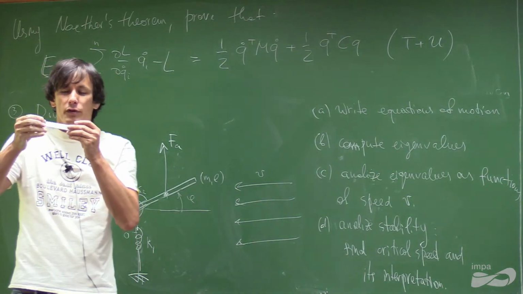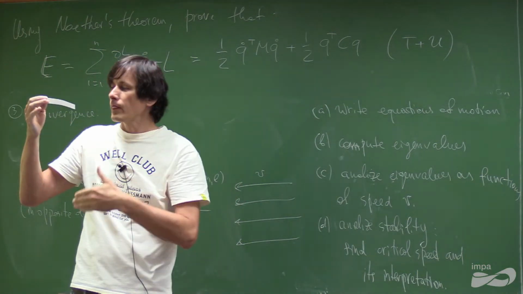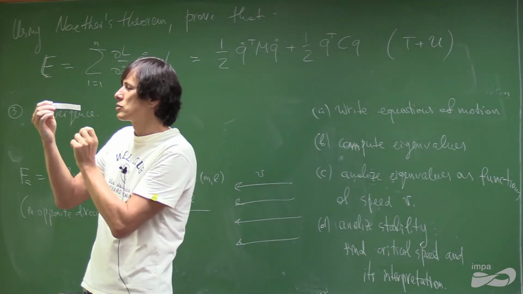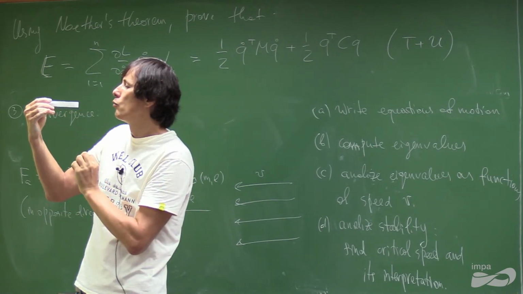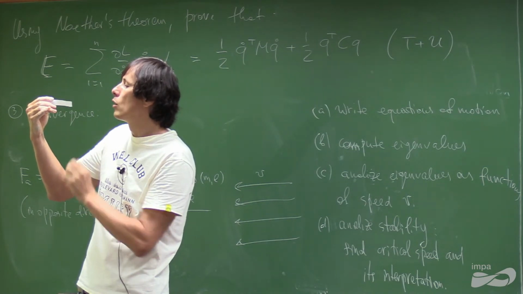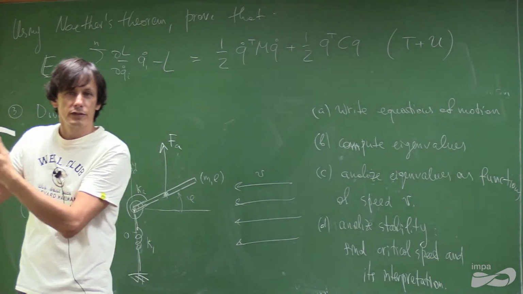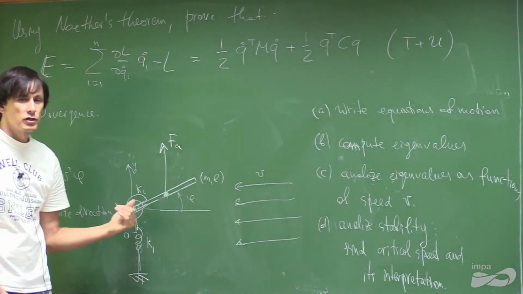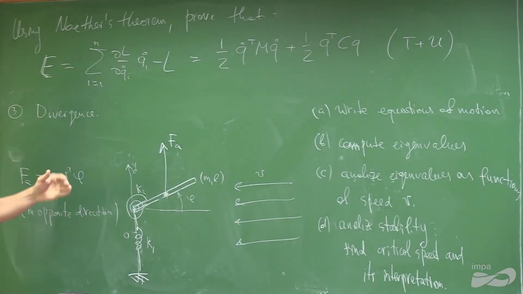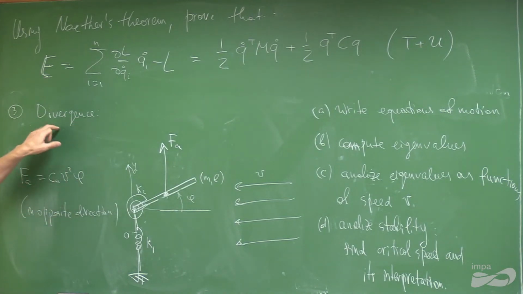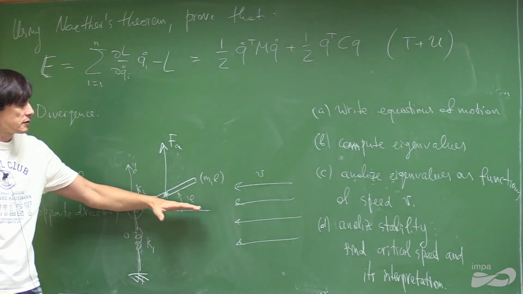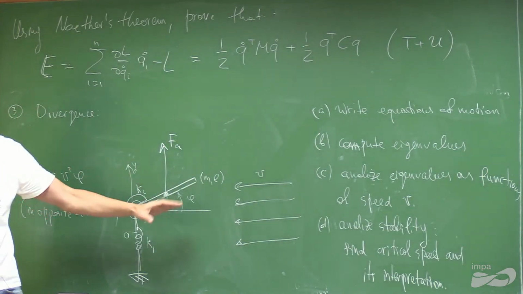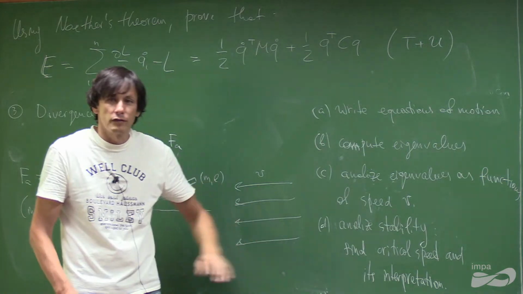But if the wind is blowing in the opposite direction, again, if the wind is very weak, nothing will move. But if the wind is stronger, you see it just breaks, right? It just goes up. So there will be no oscillation. That's why the first case was called flutter, but this case is called divergence. So what you will see is that there will be a critical speed, but the instability will not be oscillatory. This is what you have to find.